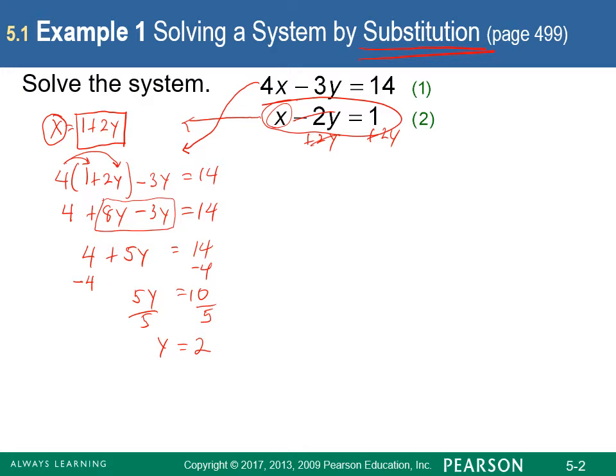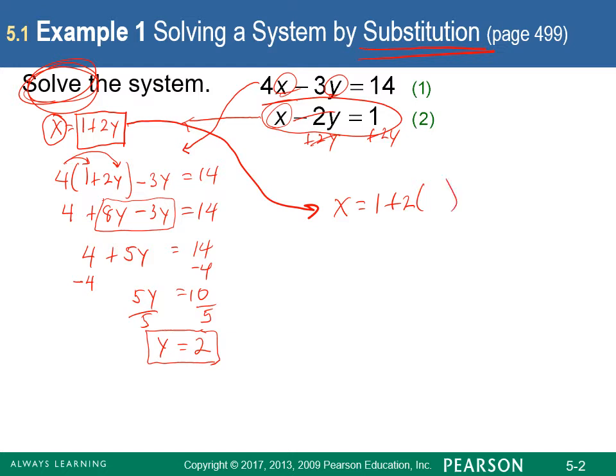Now, in solving systems of equations, you need to come up with values for both variables. So next, what we do is take any equation involving this problem and use the answer we just got to figure out what x is. Now, if we take the equation that we wrote here, x equals 1 plus 2y, we can substitute the 2 that we just solved for y.